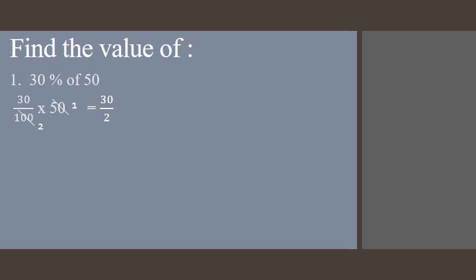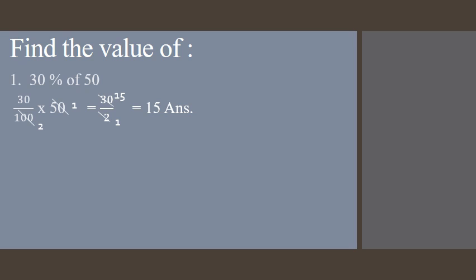Again children, we can divide 30 in the numerator and 2 in the denominator by the common number 2. So 30 divided by 2 in the numerator is equal to 15 and 2 divided by 2 in the denominator is equal to 1. So our answer is 15, right?